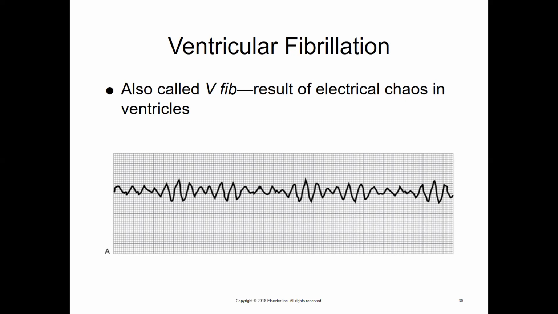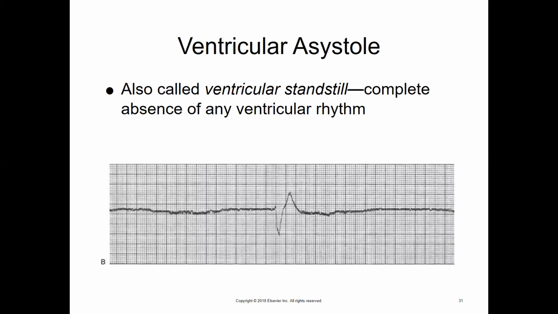So you would want to defibrillate immediately if you had an AED, or you would begin your CPR. And then ventricular asystole, or ventricular standstill, would be complete absence of any ventricular rhythm.